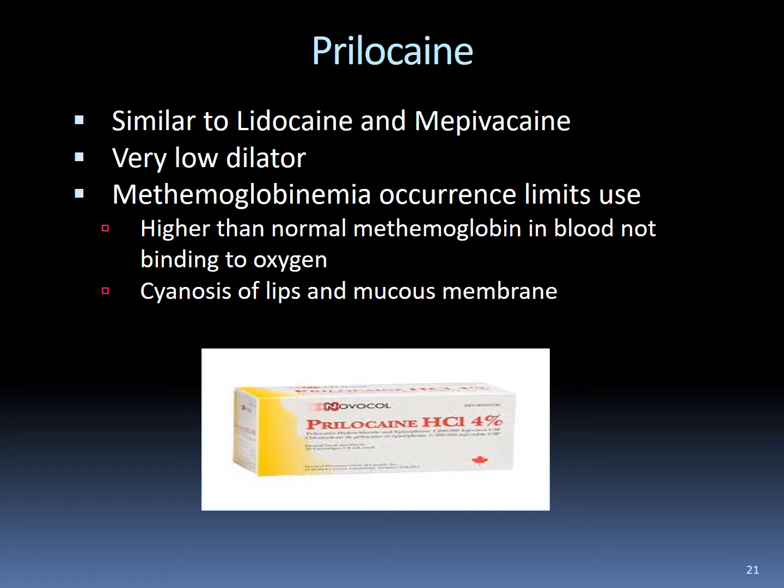These patients will encounter higher than normal methemoglobin in their blood, which will interfere with the binding of oxygen. You will notice that their lips and mucosa begin to turn blue, and it's literally a form of suffocation. So if we note in a patient's medical history that they may be susceptible, prilocaine is a contraindicated drug.